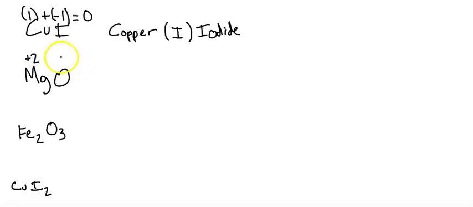O has a set charge of -2. And so this actually isn't a transition compound. This is just a regular binary. I just threw it in so that you could see the difference between the two. But we would just name this like normal: magnesium oxide.